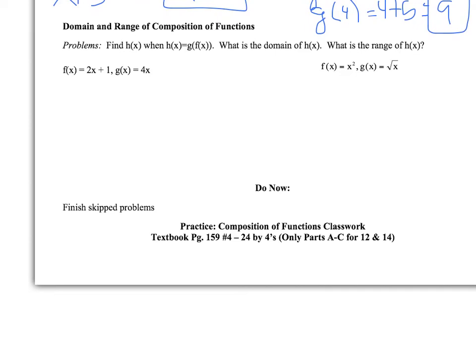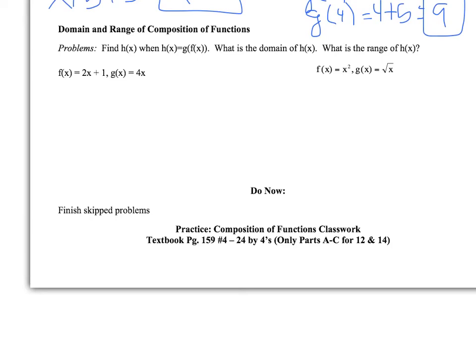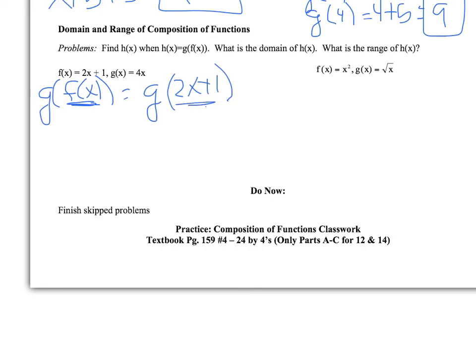So it wants us to find g of f of x. So instead of having an f of x, I'm going to call it 2x plus 1. Now instead of having an x in there is a 2x plus 1, so I'm going to replace the x in my g function with a 2x plus 1. So it's going to be 4 times 2x plus 1. Distribute the 4. 8x plus 4.